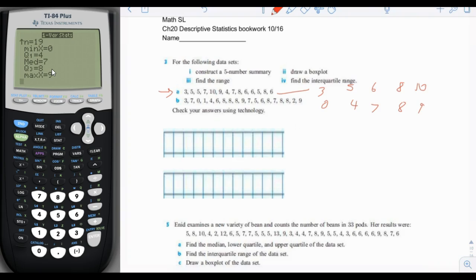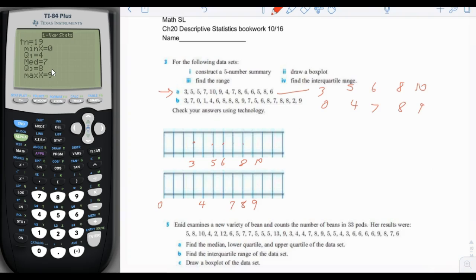So when we do our box plot, all we need to do is mark these numbers on the graph. So, for example, this is going to be 0, 1, 2, 3, 4, 5, 6, 7, 8, 9, 10, right? And for the bottom one, it's going to be 0, 1, 2, 3, 4, 5, 6, 7, 8, 9. And each one of these is going to be one of the critical points for the box plot.